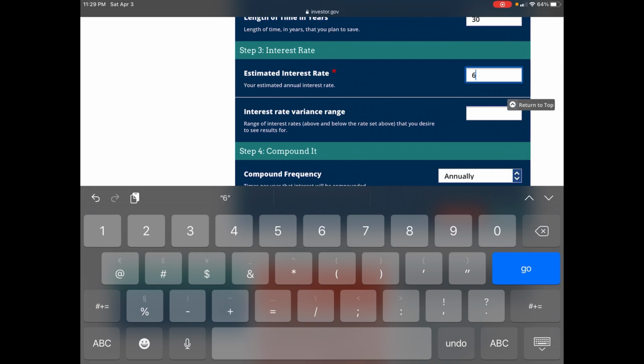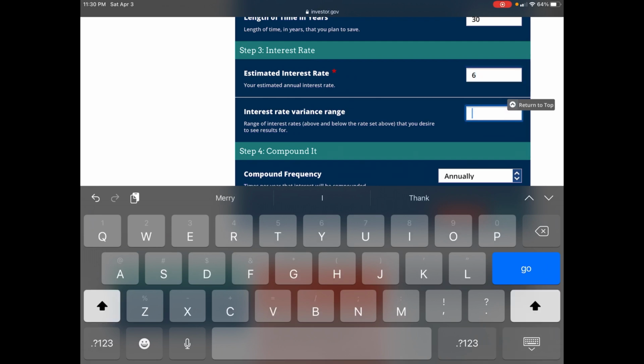And then there is an interest rate variance range. What is an interest rate variance range? It is the range of interest above and below the rate set that you desire to see results for. Say, for example, your median is 6% and you would like the highest interest that you might get for the period of 30 years.